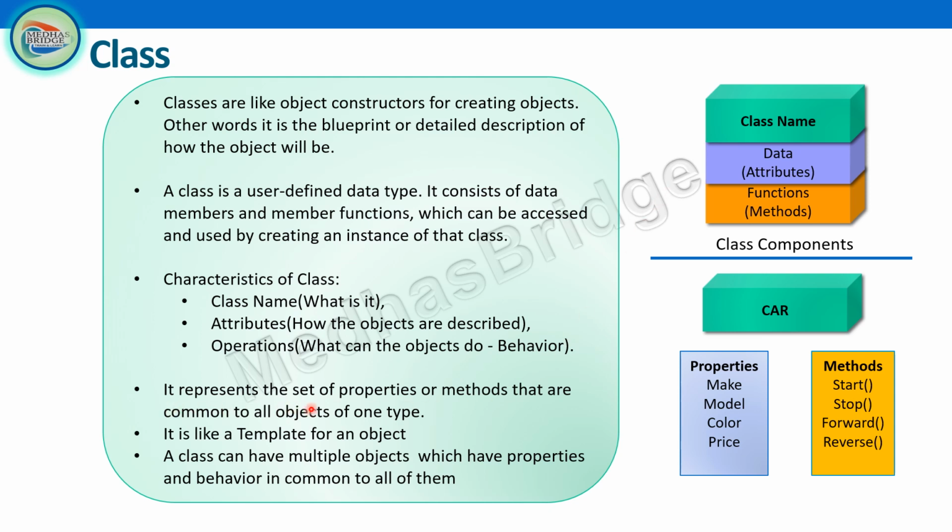It represents a set of properties or methods that are common to all objects of one type. It is like a template for an object. A class can have multiple objects which have properties and behavior in common, isn't it?